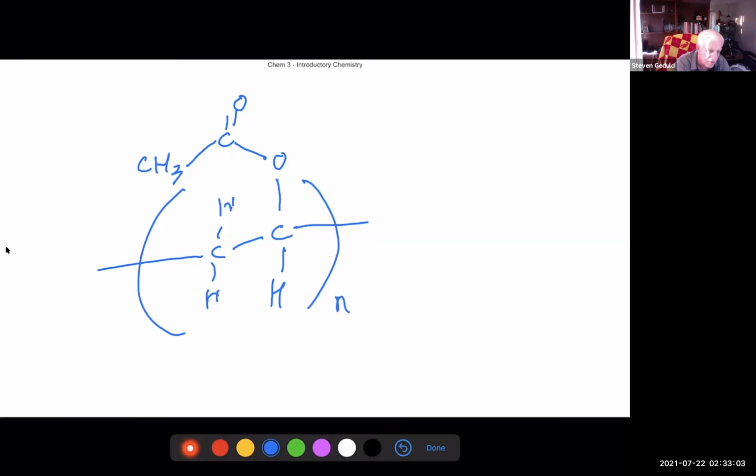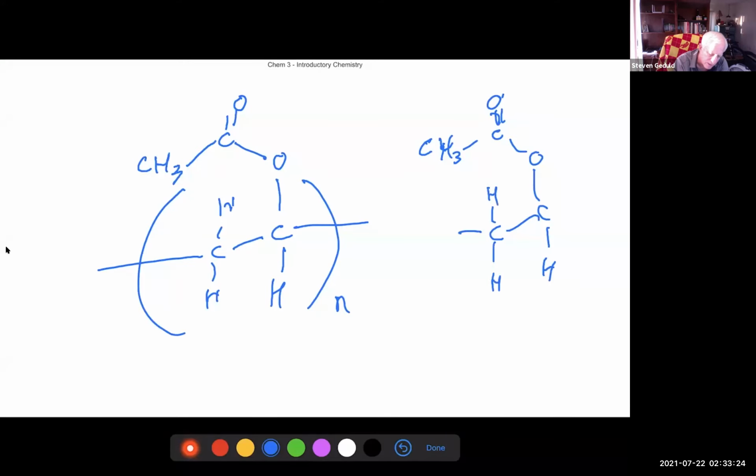Okay, so this is your unit that repeats. So the monomer is the single unit. So the monomer you would draw, this is your monomer, CH3, COO, oxygen, bonded to CH, bonded to CH, and this would have a hydrogen here, and this would have a hydrogen here.